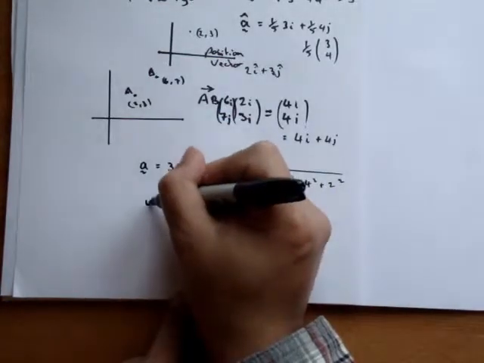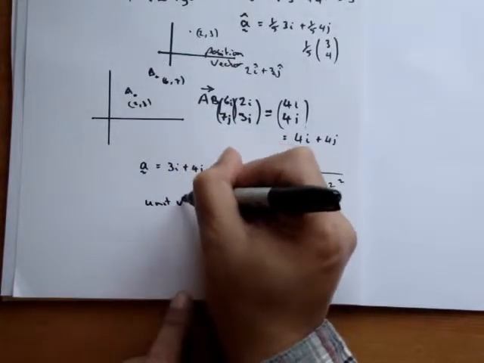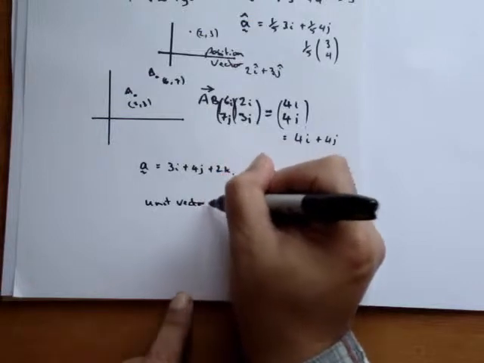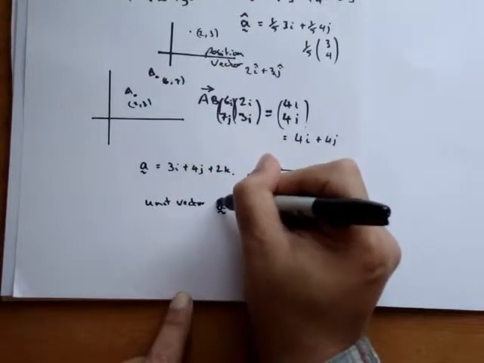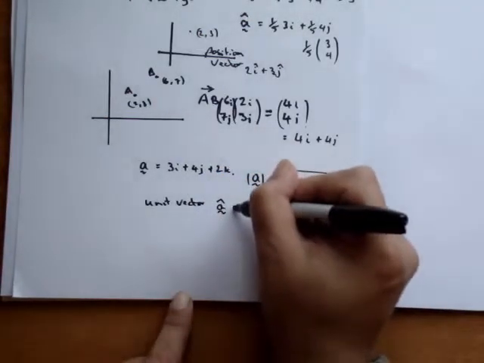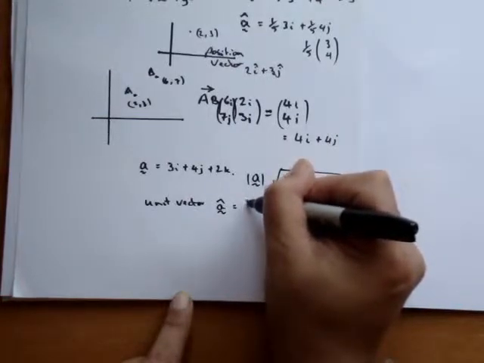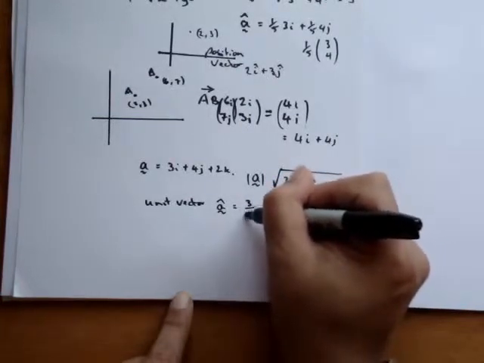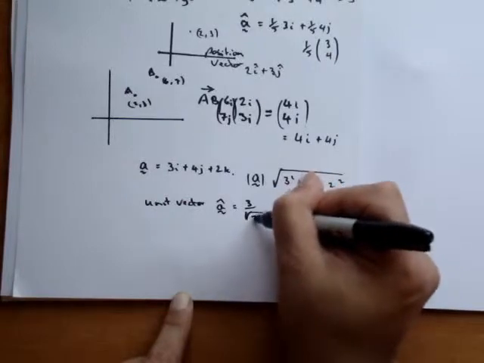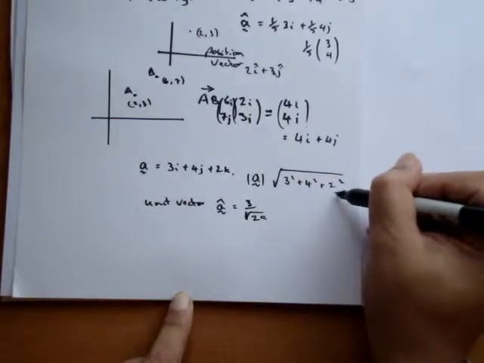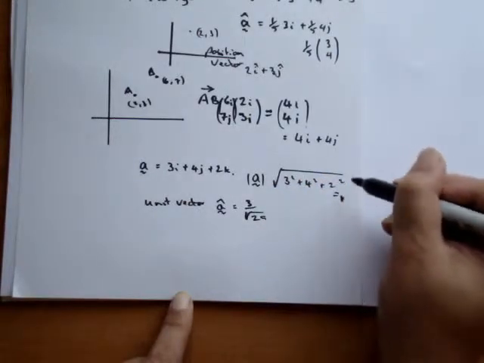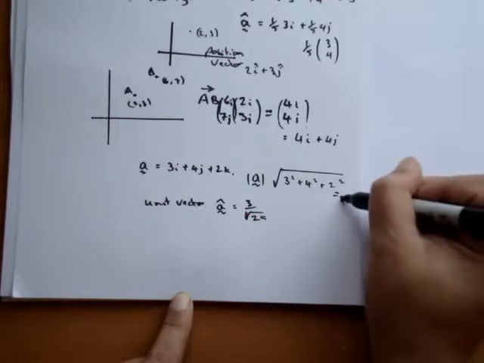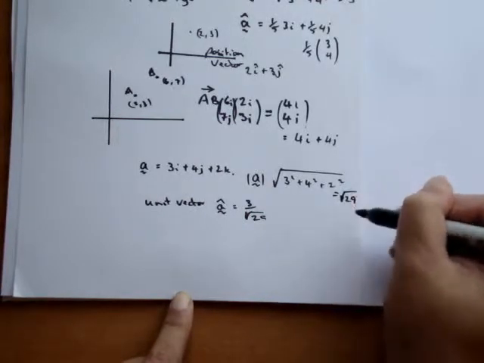Our unit vector A with a little cap on the top then becomes 3 over the square root of 29, because this works out as the square root of 29.